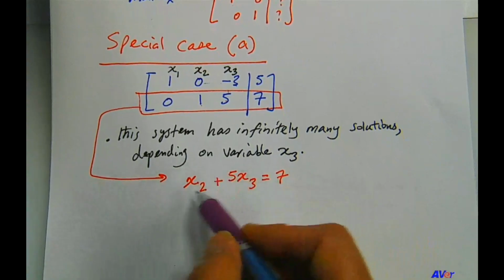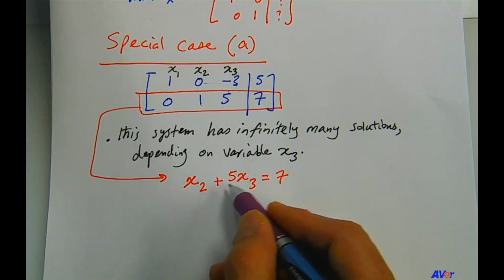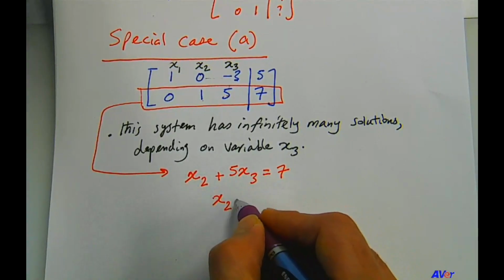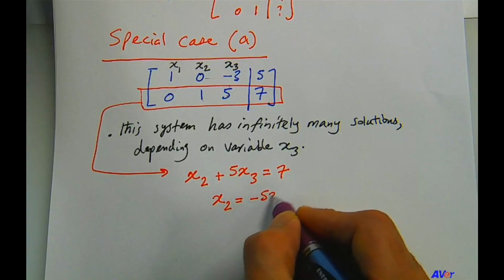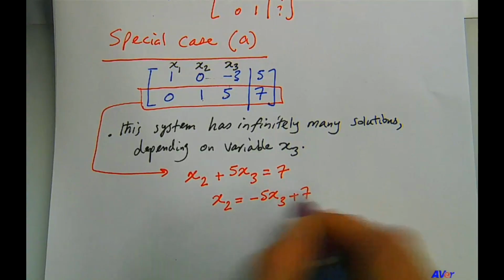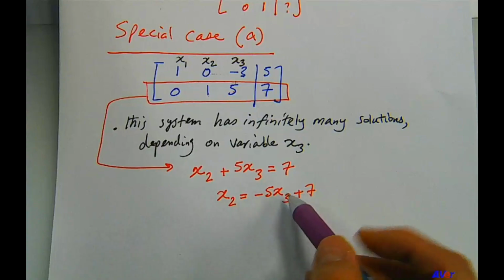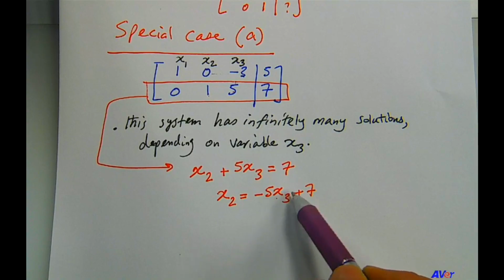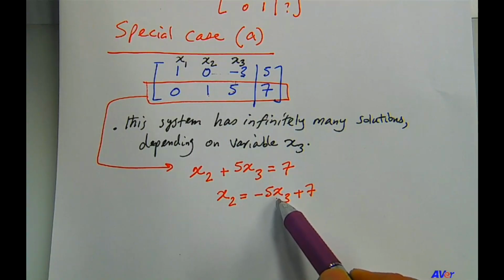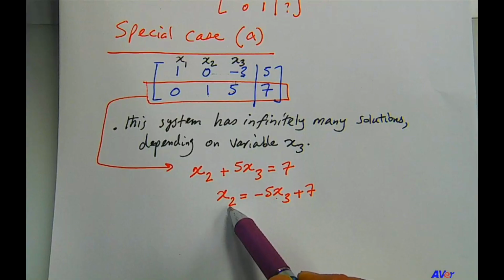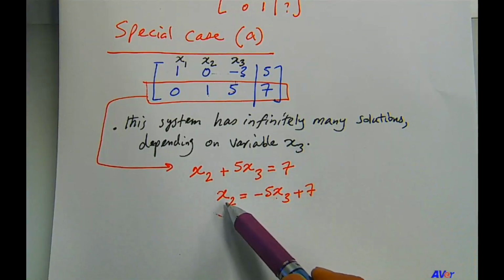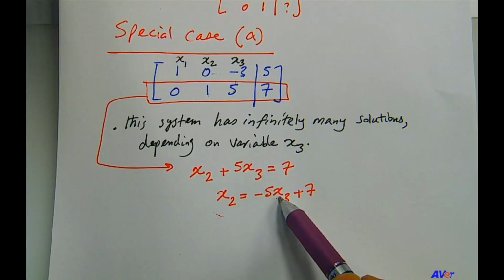Now, x2 can be written in terms of variable x3. So let's solve for x2 in terms of variable x3. There we have it. So in this case, notice that x3 is left to be anything. And as soon as you pick a value for x3, then x2 will have a new value. So we say the variable x2 depends on the value of variable x3.